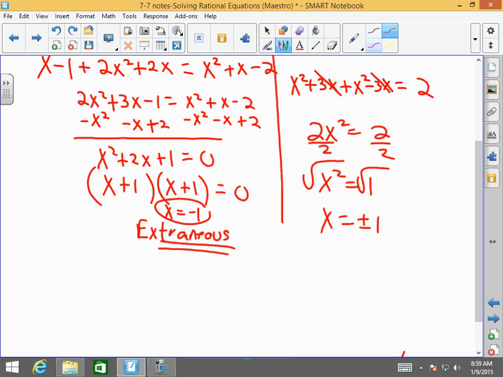Whenever you use a square root to solve an equation, you have a plus or minus. For example, if it was x squared equals 4, the square root of 4 is plus or minus 2, because what's positive 2 times positive 2? And what's negative 2 times negative 2? So you could have two options. You could have the positive side or the negative side.